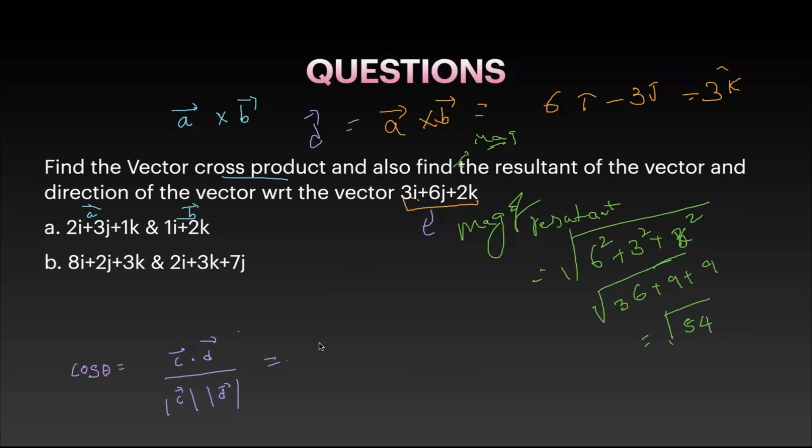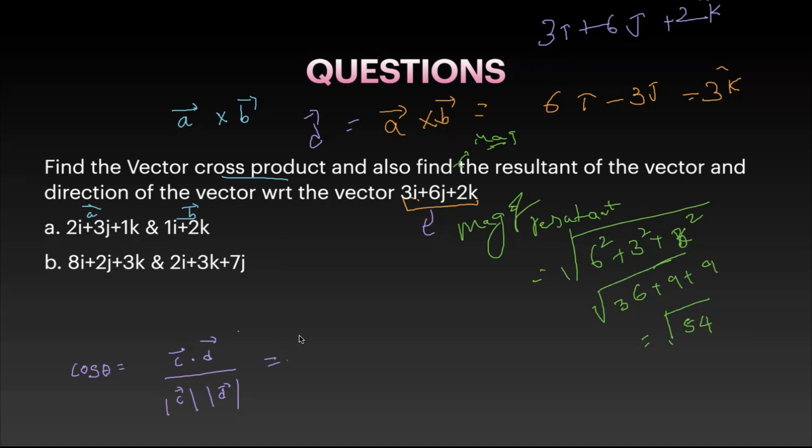Now, do the dot product. This is nothing but C dot D, which is 6 into 3. Okay, write this vector. Another vector is 3 i cap, 6 j cap, 2 k cap.